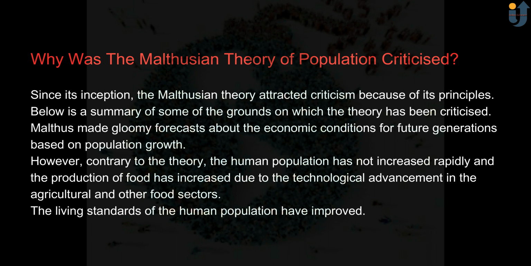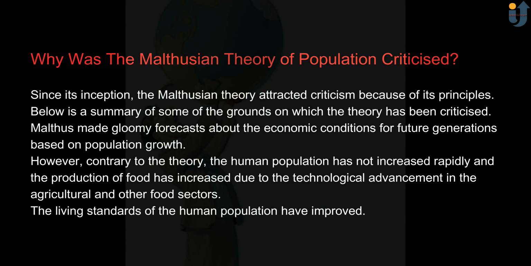Malthus made gloomy forecasts about the economic conditions for future generations based on population growth. However, contrary to the theory, the human population has not increased rapidly and the production of food has increased due to technological advancement in the agricultural and other food sectors. The living standards of the human population have improved.